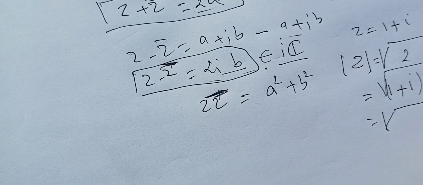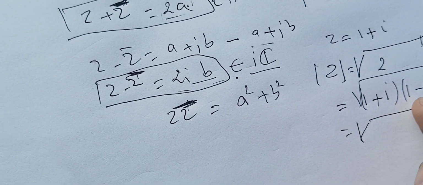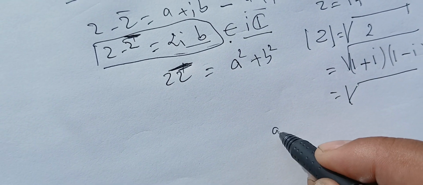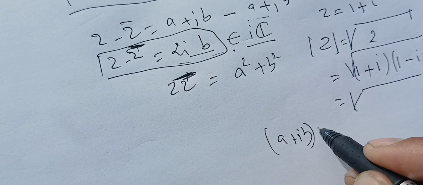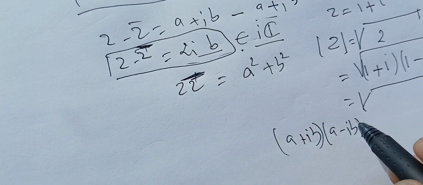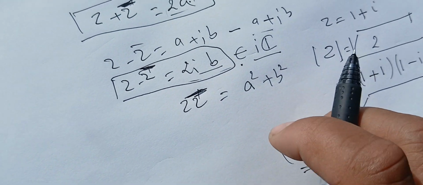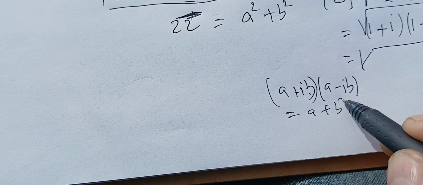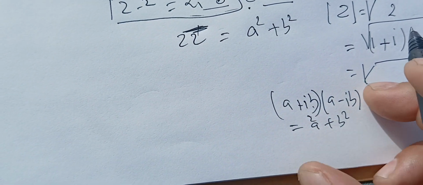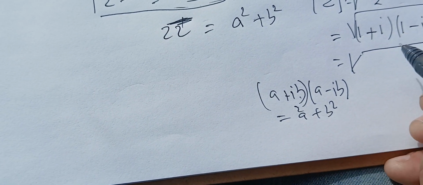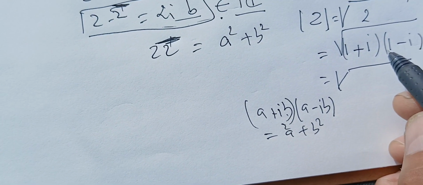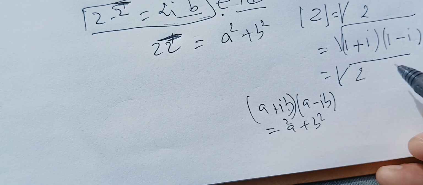But remember what we said about the case when we have a plus ib times a minus ib, which is equal to a squared plus b squared. And a squared is 1 and b squared is 1. So we have 1 squared plus 1 squared, which is 2.